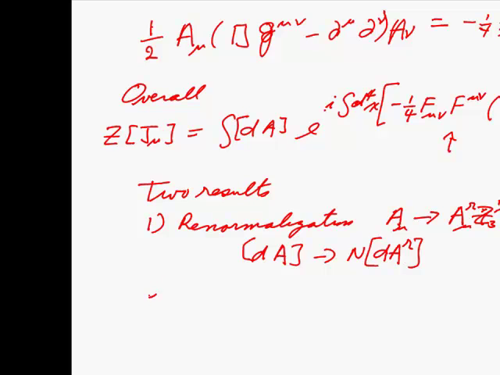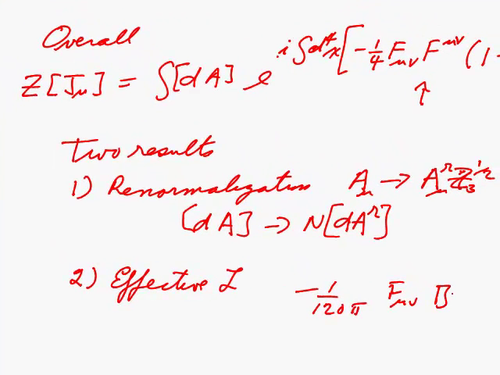The second thing that we see out of this is that there's an effective Lagrangian. The effective Lagrangian is minus 1 over 120 pi F mu nu D'Alembert over m squared F mu nu.